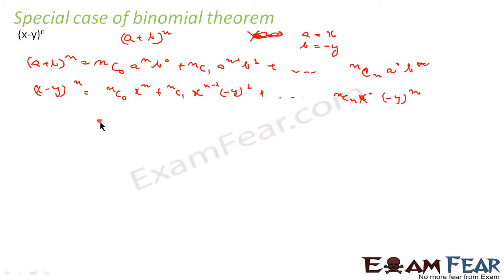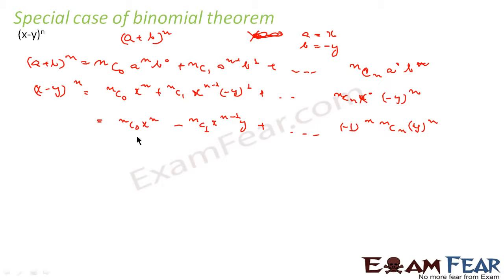So this becomes nC0 x to the power n, then minus nC1 x to the power n minus 1 y, because minus y to the power 1 is minus y, and the last term becomes minus 1 to the power n into nCn x to the power 0, which is 1, and this becomes y to the power n.